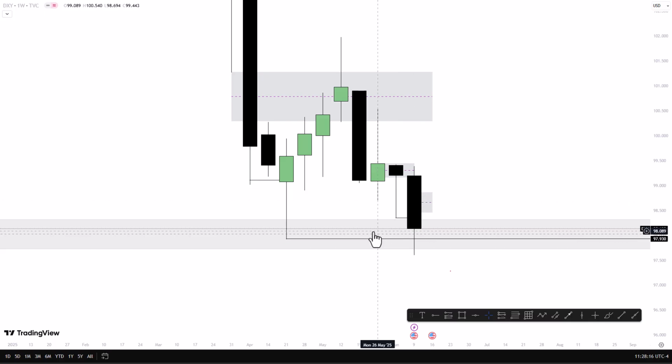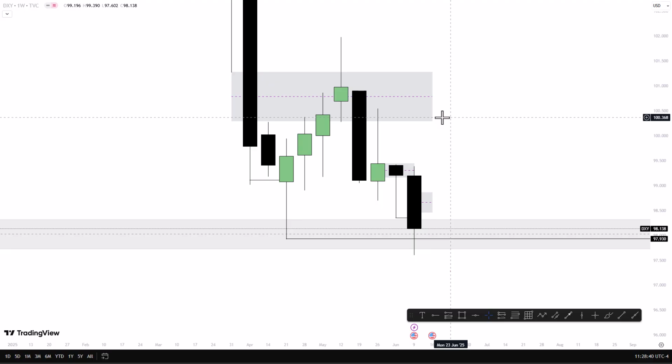We targeted this. I've shared this too in my public group on Telegram. So we see price has taken out this old low. But should we be expecting price to be buying? No, because we haven't seen a sign that price will be buying on the weekly.